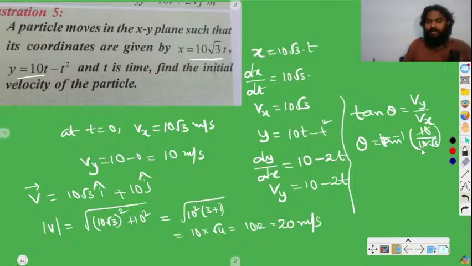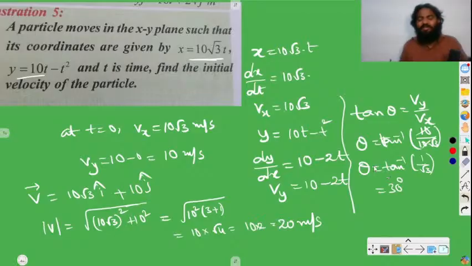So 10 cancels. Now theta is equal to tan inverse of 1 by root 3. What is tan inverse of 1 by root 3? It is 30 degrees. Hope you understand this question well. Right, this is the 5th question. Now let's go to the next question.